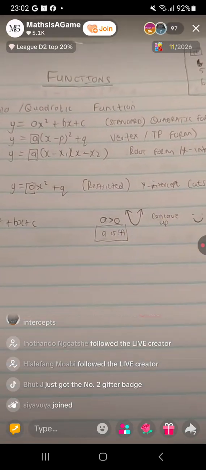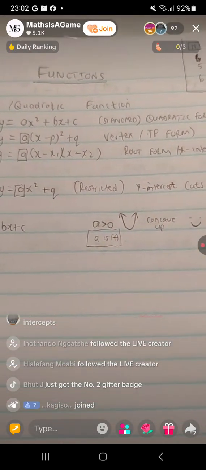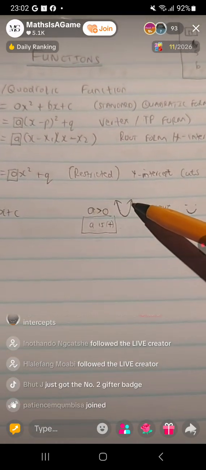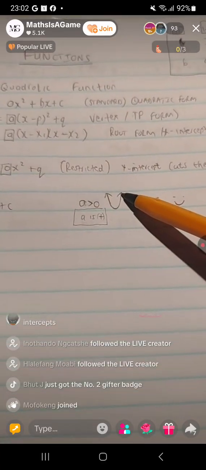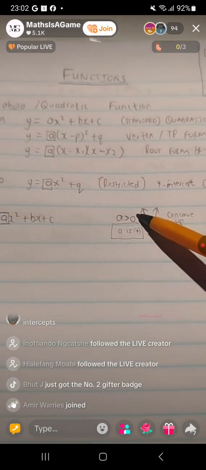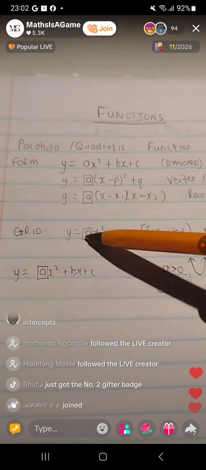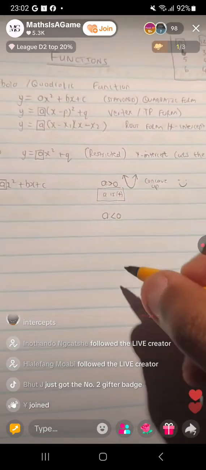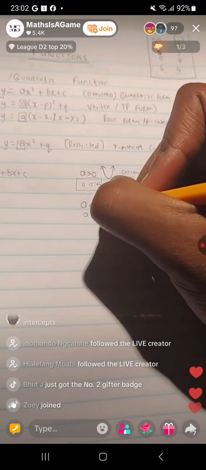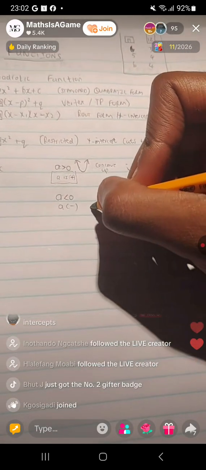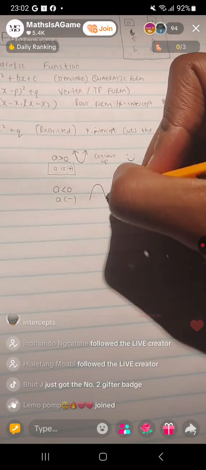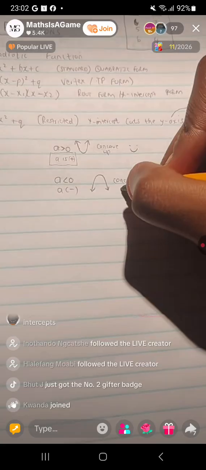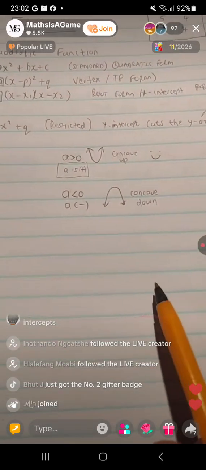Because when you are positive, just generally in life, if you are positive and you are happy, what usually happens is that we see a smile emerge on your face. So this a, when it is positive, smiling face. When a is less than 0, in other words, when a is negative, the parabolic shape is not concave up, but it is concave down.